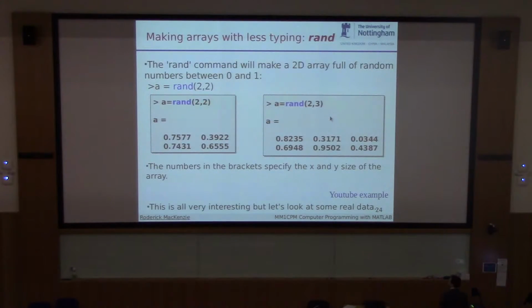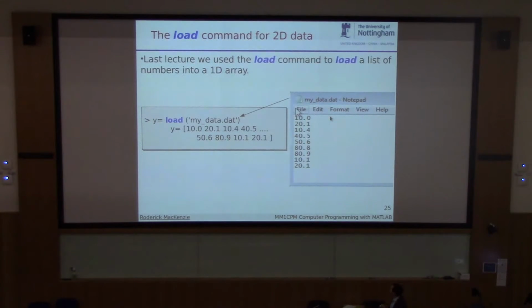Presentation. What's up next? Right. Now then, just like with 1D arrays, it's often a real pain to type them in or to define them with mathematical commands. Very often you want to take your data from a file which you've stored from a measurement system or something. I told you last lecture that we can load 1D data from a text file.